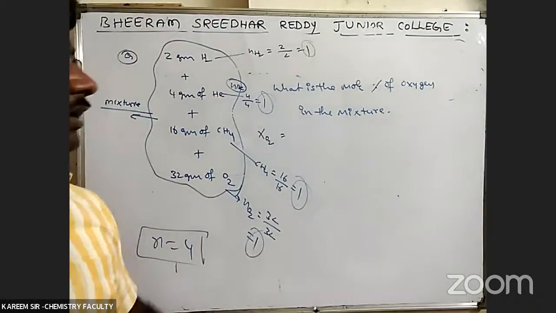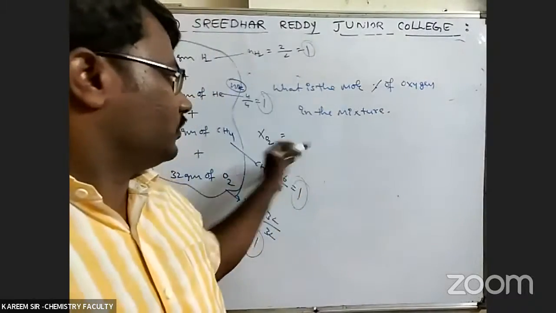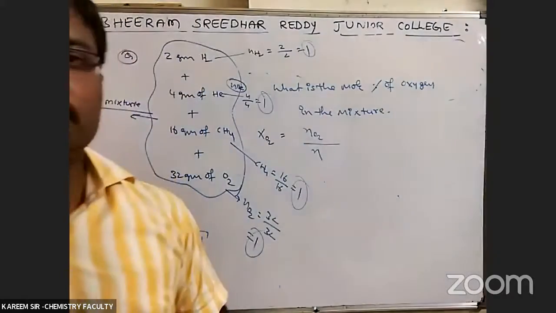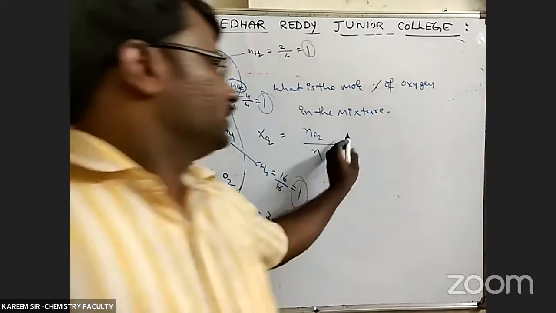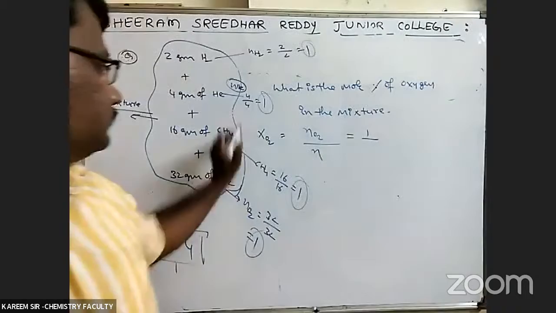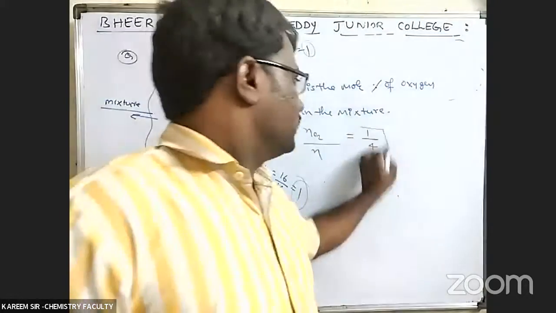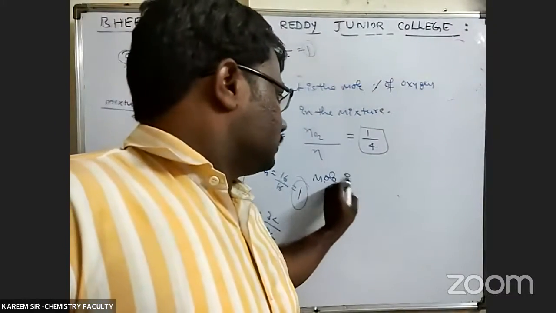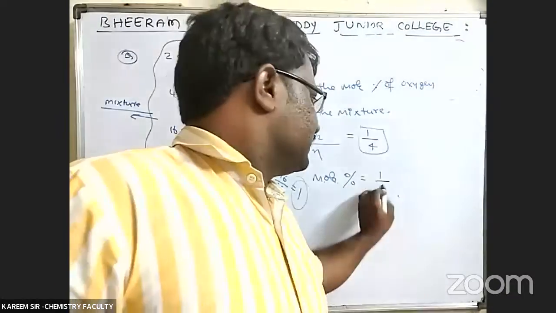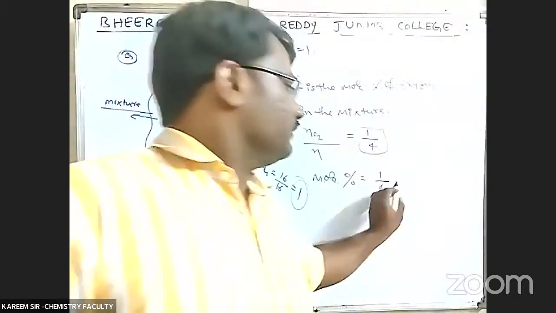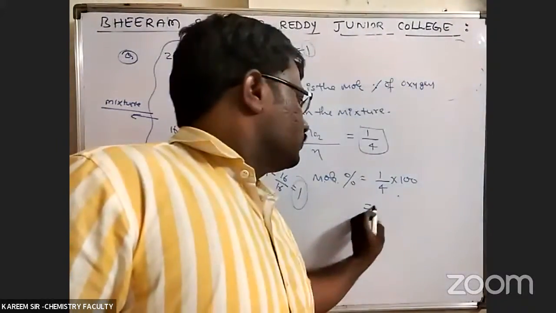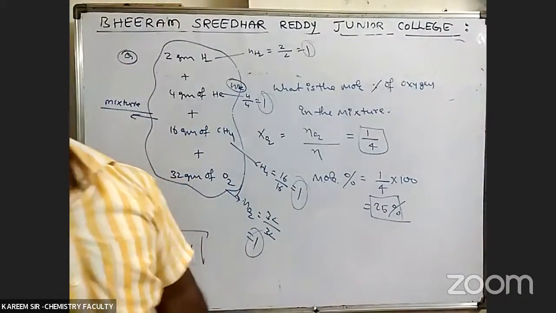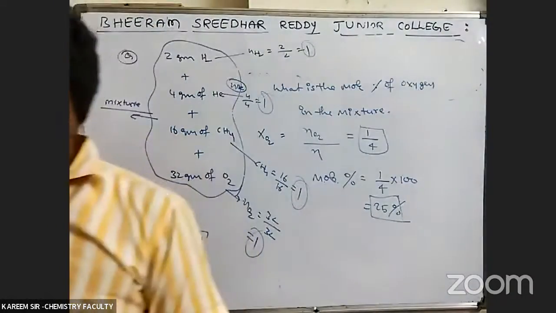Therefore, mole fraction of O2 equals number of moles of O2 by total moles, 1 mole of O2 and total moles of 4. This is the mole fraction, 1/4. Then the mole percentage: mole fraction is with respect to 1, so multiplying by 100 gives 25%. This is the mole percentage.